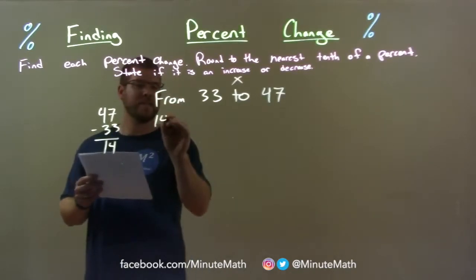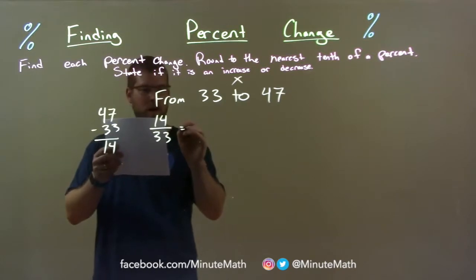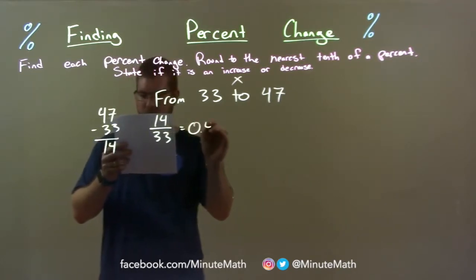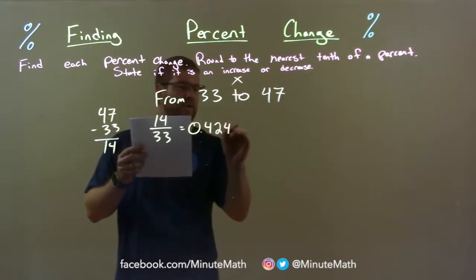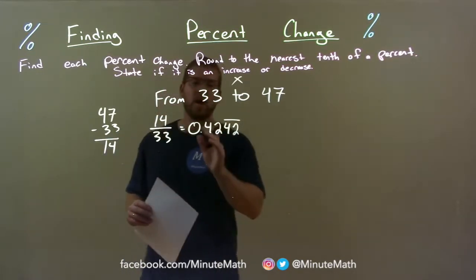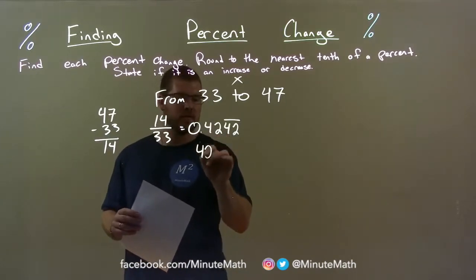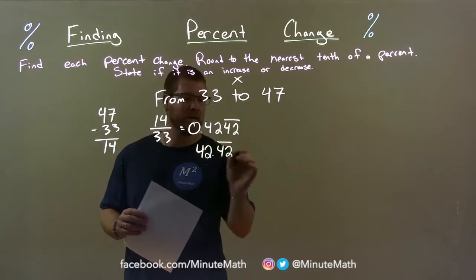Take that number 14, divide it by the first number, 33, and we get the decimal, exactly actually, 0.42, and that's 42 repeating forever, the 42 part, right? Convert that to a percent, right, is 42.42 repeating percent, right?